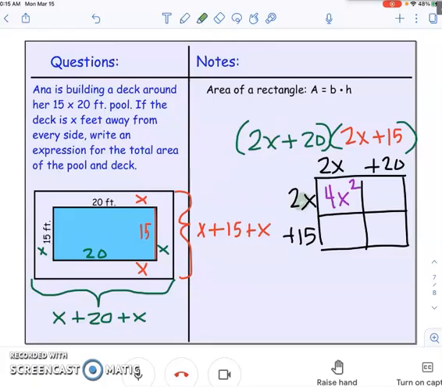I'm just working with this first, so I'm multiplying by each of these. Now 2X times 20 is 40X. And then for the bottom row, I have to switch to the 15 and multiply by the 2X. 15 times 2X is 30X. And then switch to the 15 times 20. So that would be, let's see, 300.